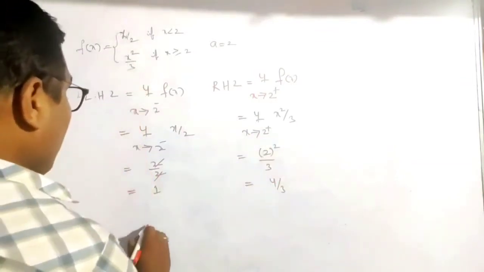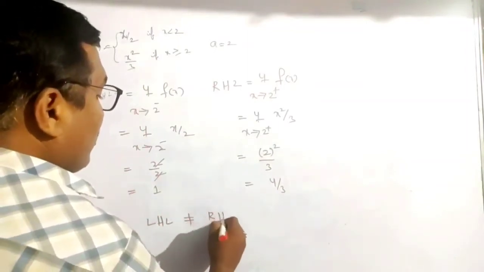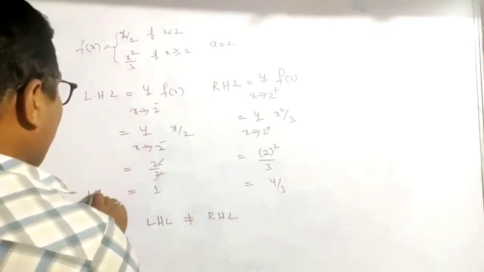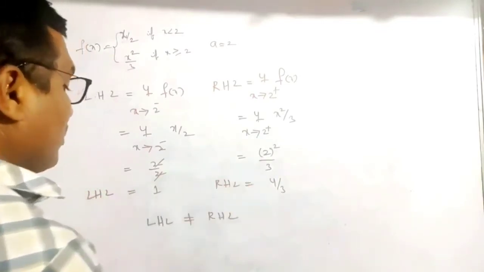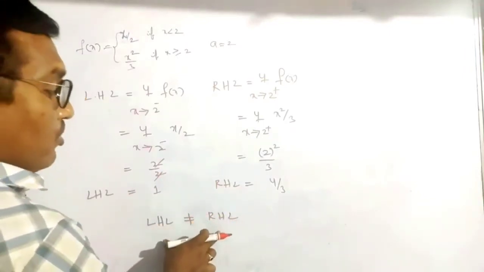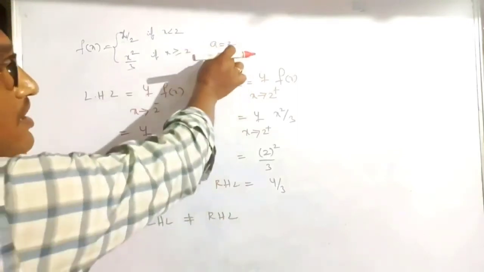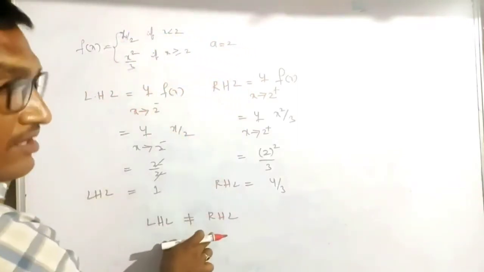Therefore the left hand limit is not equal to the right hand limit. This is the LHL, left hand limit, and this is the right hand limit. Both are not equal. Only when both are equal will the limit at a is equal to 2 exist. But here they are not equal.